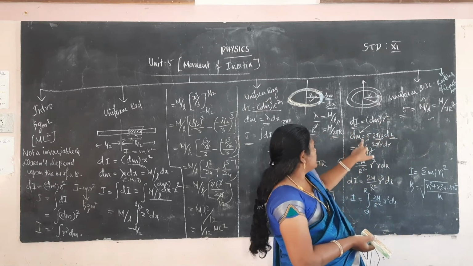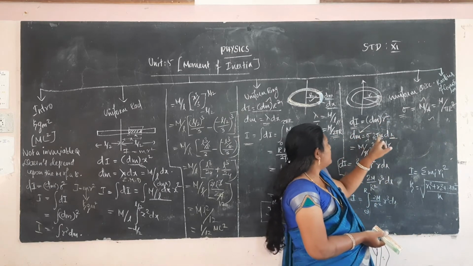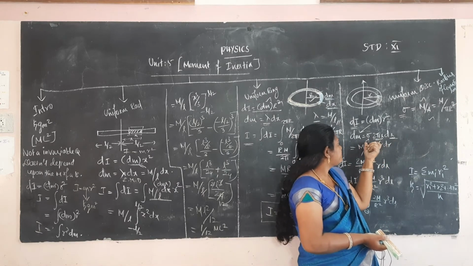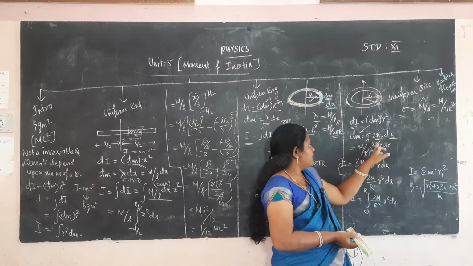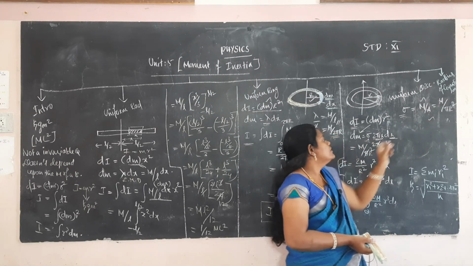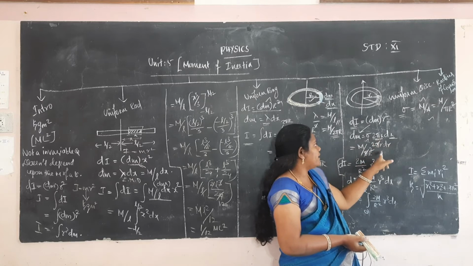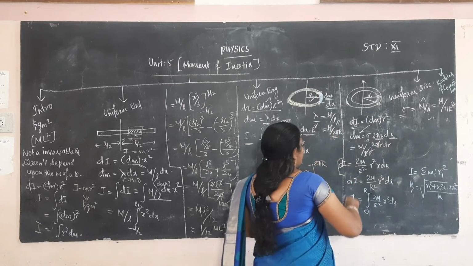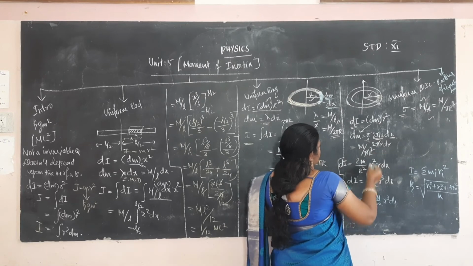Then dm is equal to sigma into 2 pi r into dr. We can cancel the common terms, pi.